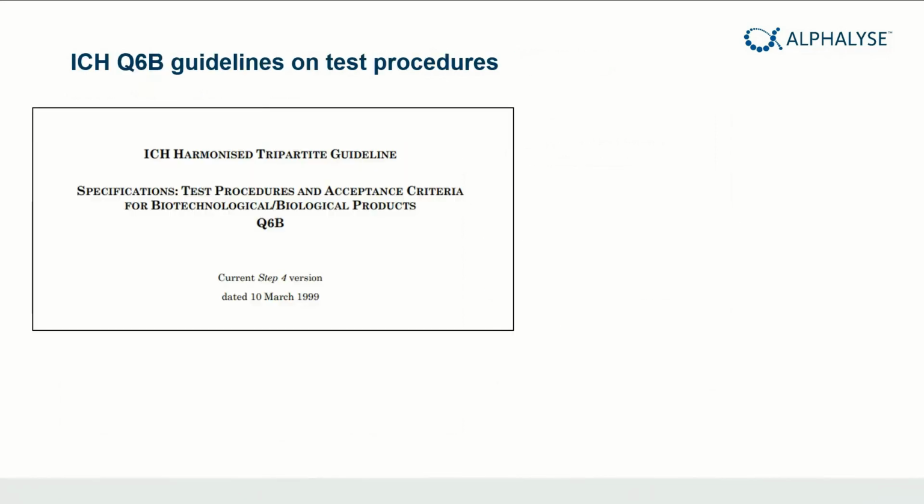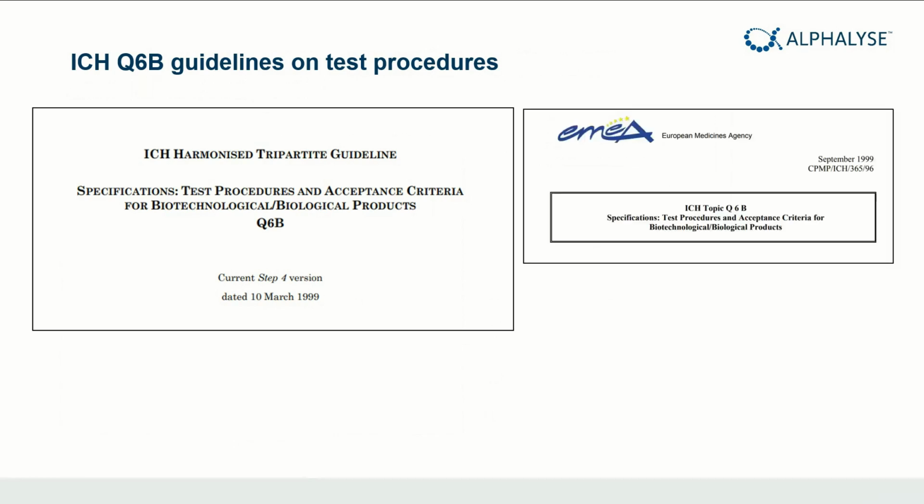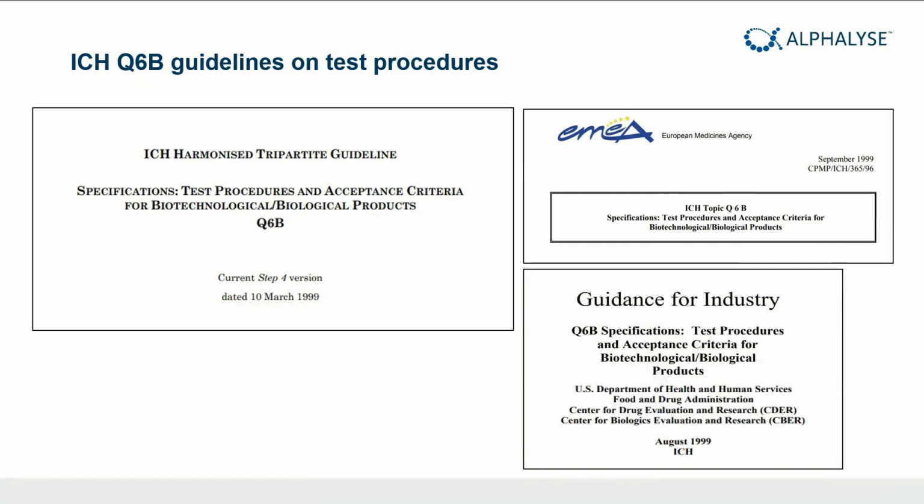So how should you test and approve your product? I think most of you know these ICH Q6B guidelines on the test procedures for new biological products. So they have been widely adopted by different regulatory agencies, EMA in Europe, FDA in the US, and many other regulatory bodies across the world.